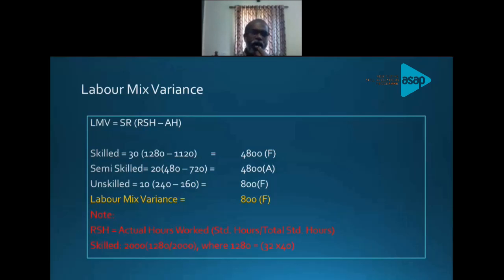This is the actual hours worked. 1280 is the standard hours for skilled employees. Standard number of skilled employees into 40. In your question, you have the standard number of skilled employees. They have worked for 40 hours.